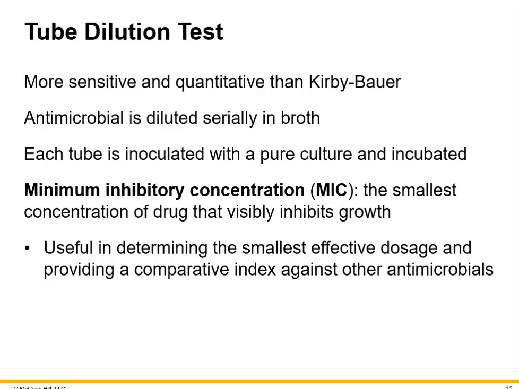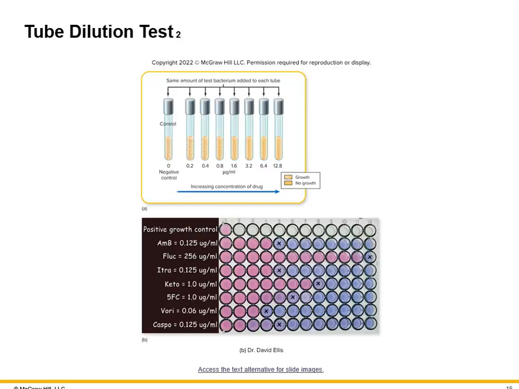All right, so looking at this, we've got our test tubes in the image above. The first one is a control. We have the bacteria being cultured in this broth, but we're not placing any antibiotic at all in this tube. We just want to make sure that we're able to culture the microorganism.